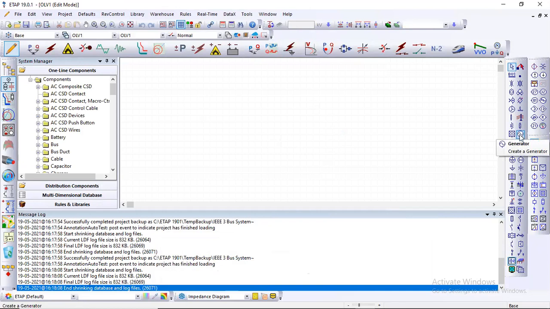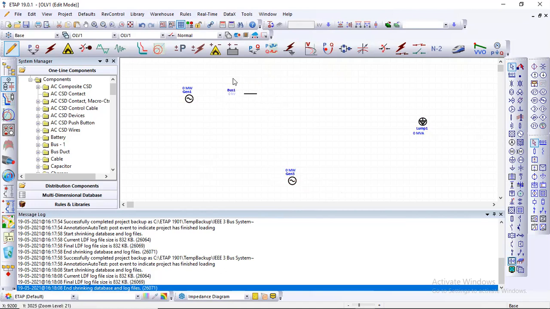First we have to find and select generator 1, and further the generator of MV rating would be placed there. After that the lump load, hopefully this would be the lump load connected here, and then buses we need to insert at this level.